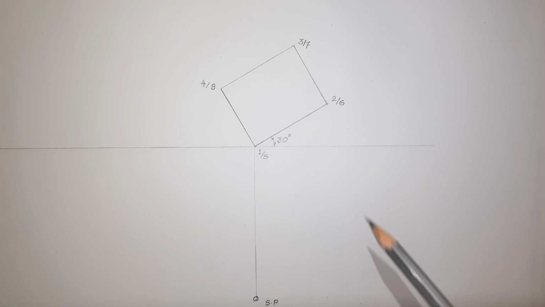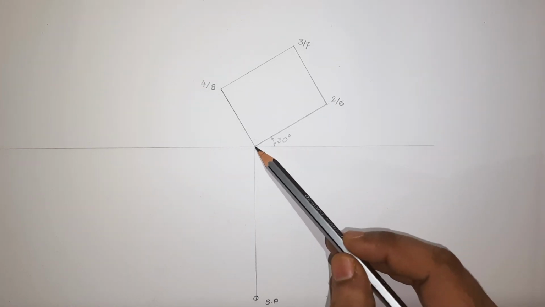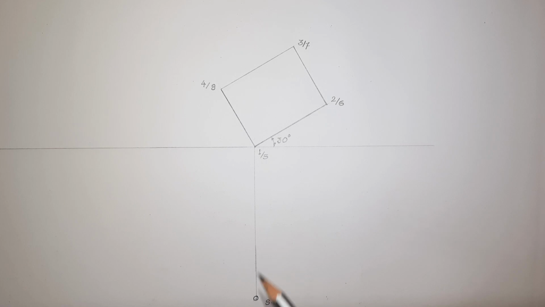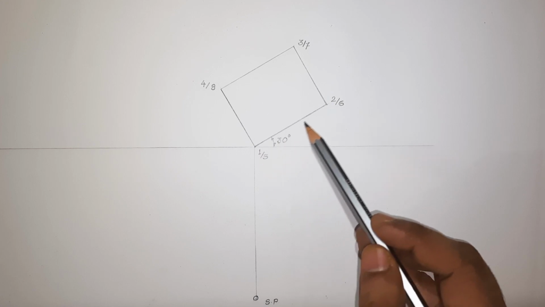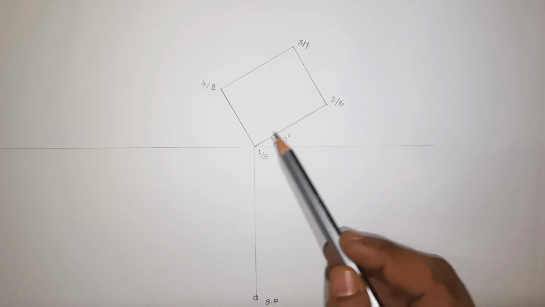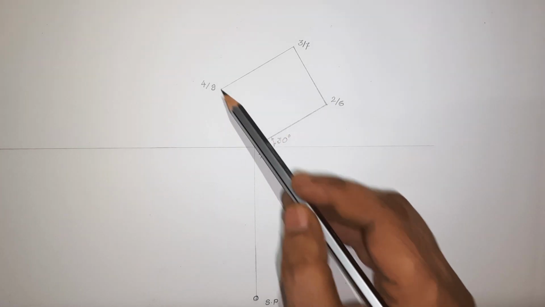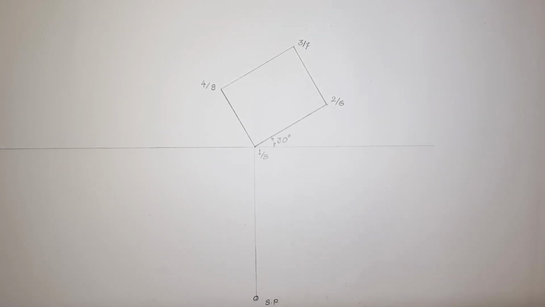The next step is to draw lines parallel to the edges of this box through this station point so that they will intersect the picture plane. So draw a line parallel to edge 1, 2 and parallel to edge 1, 4 through this station point.